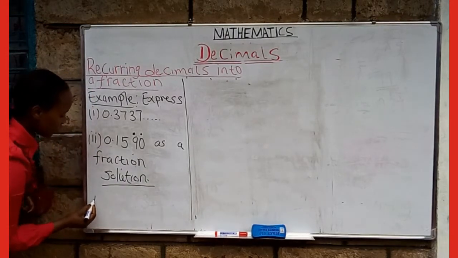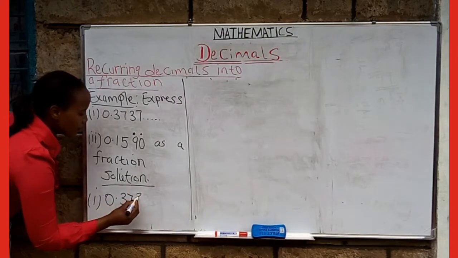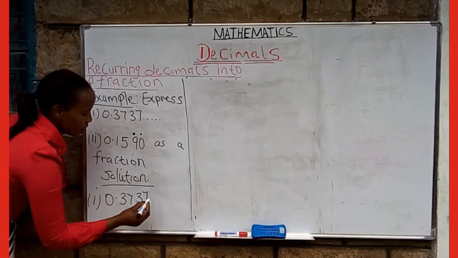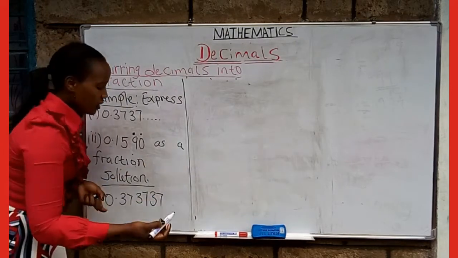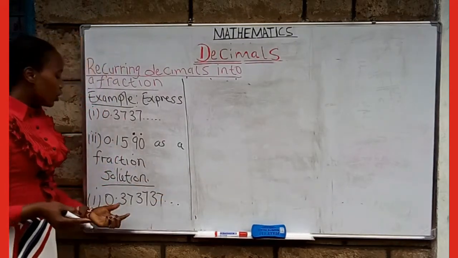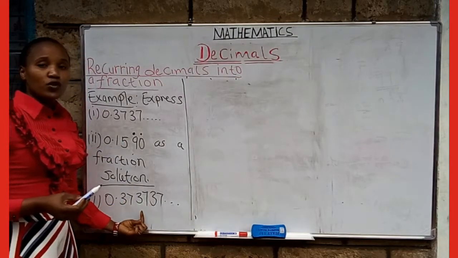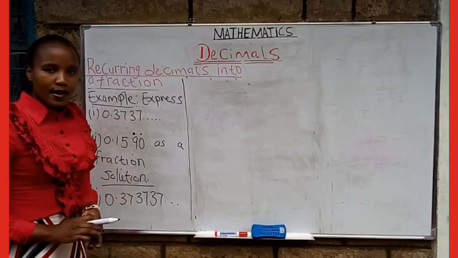We start with the first one, 0.3737, where 37 is recurring. Now we are supposed to find the fraction that is equivalent to this recurring number.